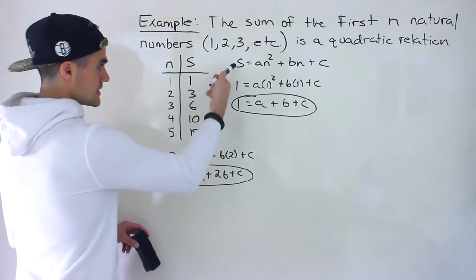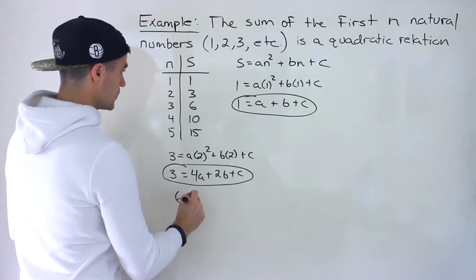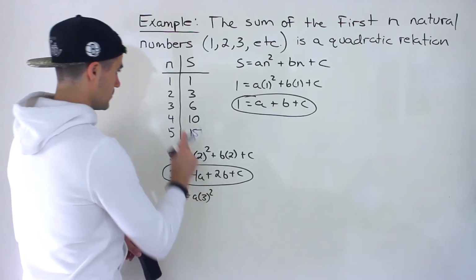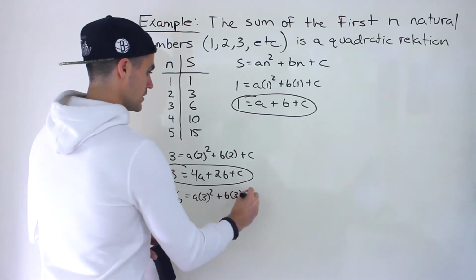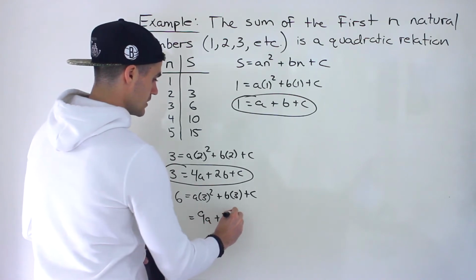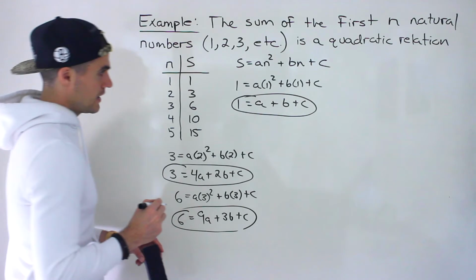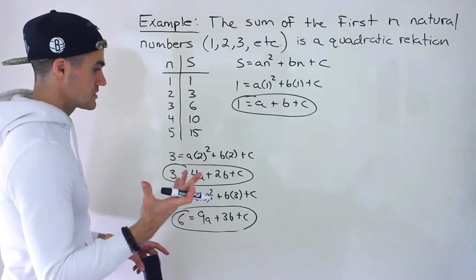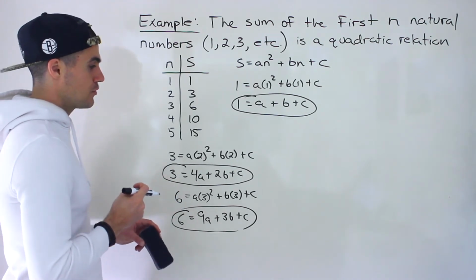So plugging in 6 for s, we'll have 6 equals, give me a sec here, 3 squared times a, right? We're plugging in 3 for n, so we'd have plus b times 3 plus c, so we'd end up with 9a plus 3b plus c, like that. Okay, so these are our 3 equations, and now we could find the 3 unknowns.